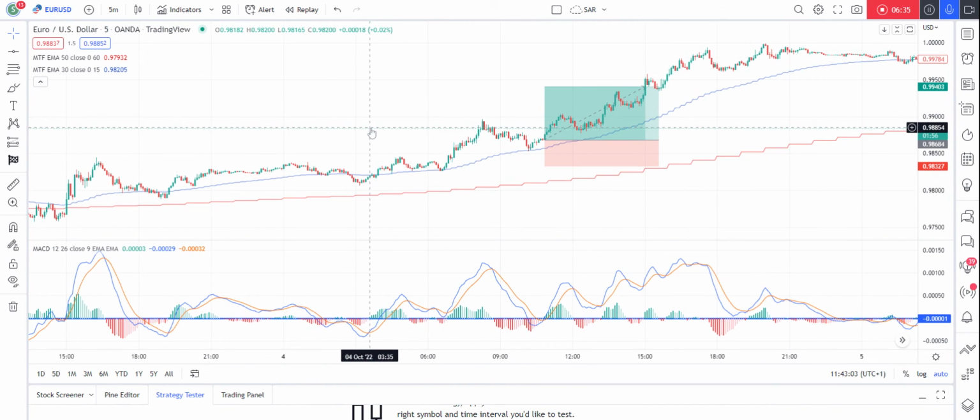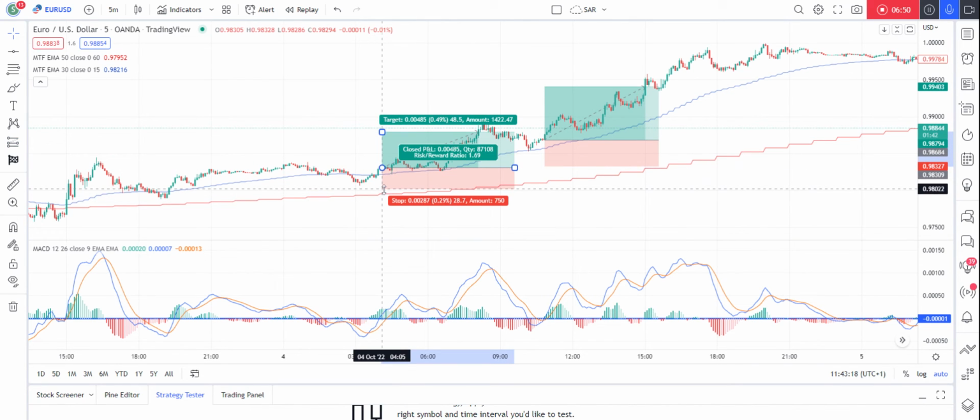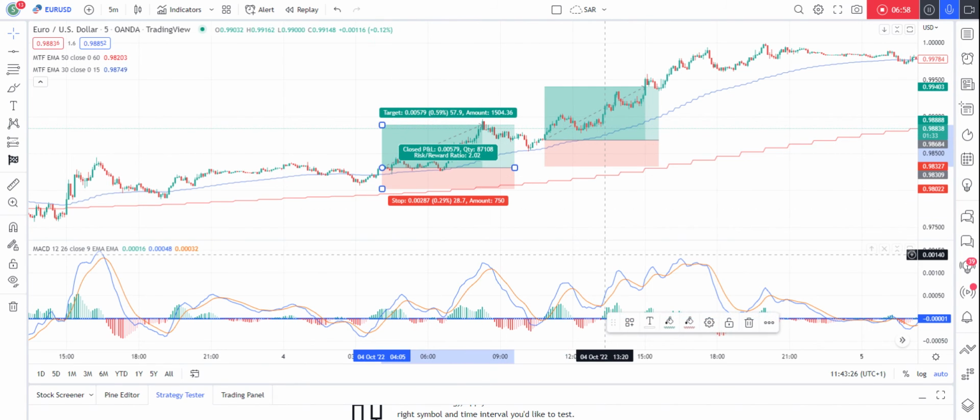I have another one here. I will try to pick up examples as random as possible. So the crossover happens below the zero line on MACD. Price is above. Stop loss is somewhere in the middle between the low and the slow MTF EMA, and 2 to 1.